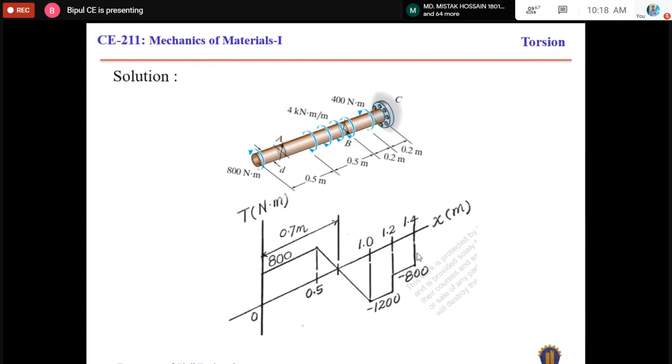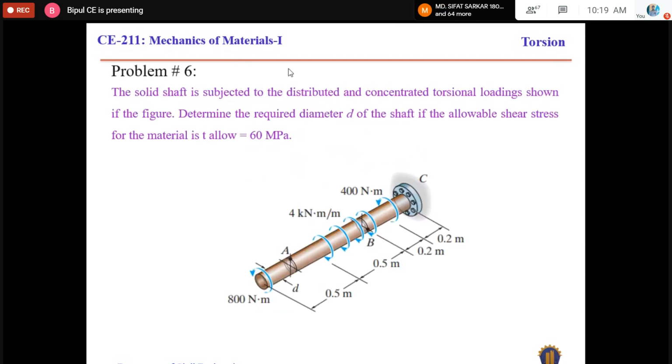So this support will carry this 800 torque. So at this point, the total torque or the resultant torque will be 0 at the support. So this is the torsional diagram showing the variation of developed torque along the length. Okay, so go to the problem.